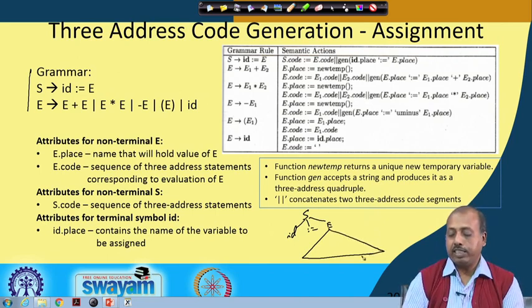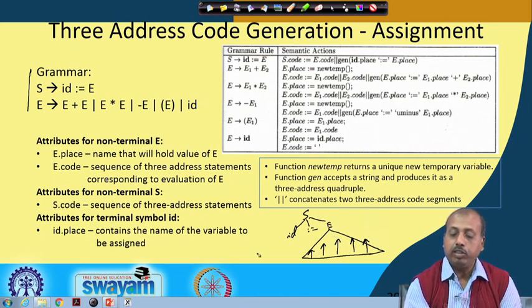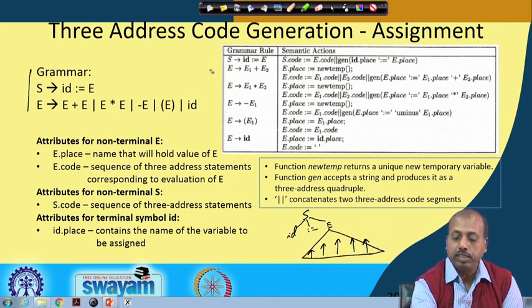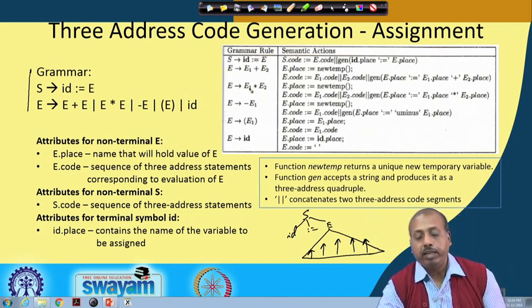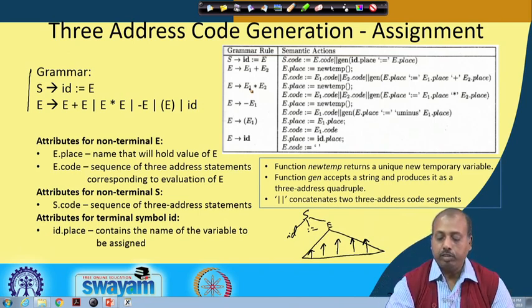Now, as far as reductions, when the shift reduce parsers will work, it will be trying to reduce the handles like this, and when it is doing this handle reduction or handle pruning, then it will be consulting the corresponding action part. So, in this table we have written the semantic actions that will take place when the corresponding reductions are going to happen.